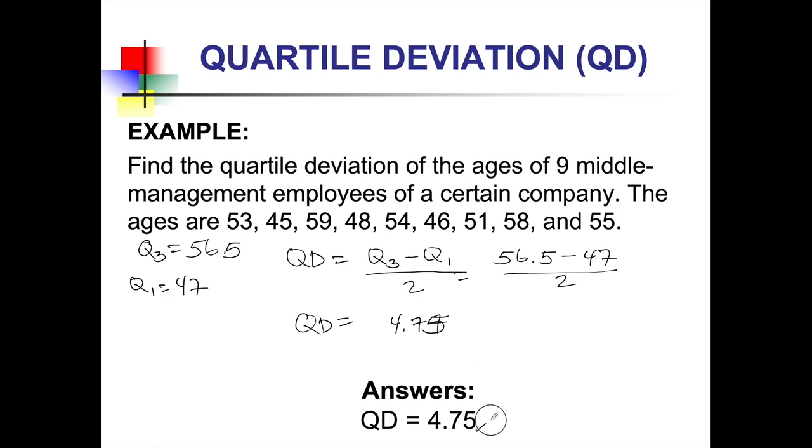Guys, for now, no, hindi nyo pa gaano ma-appreciate ito kung saan siya ginagamit. Pero, sa susunod na topic natin, mas malalaman at mas maintindihan nyo kung para saan sila. Pinahapyawan ko lang kayo for these three, no, Midhinge, IQR or the Interquartile Range, and the QD or the so-called Quartile Deviation. Dahil karugtong ito.